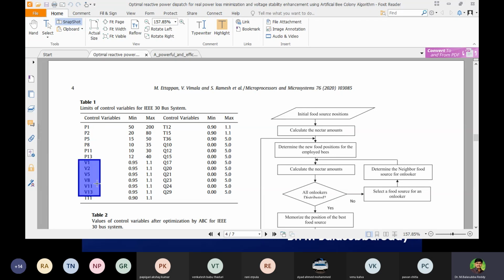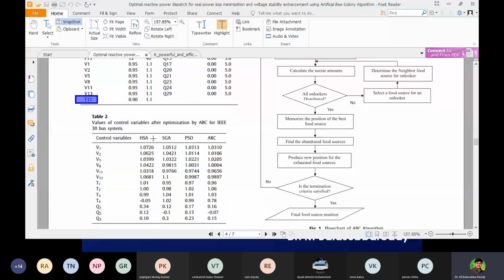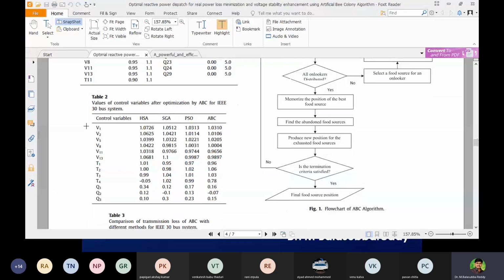Up to this, these are the voltages, and this one is the taps. There is a minimum and maximum, and all the parameters are mentioned here. Once you implement it using the ABC algorithm, you can see the ABC results for the IEEE 30 bus system, and they also compare these results with some other algorithms.